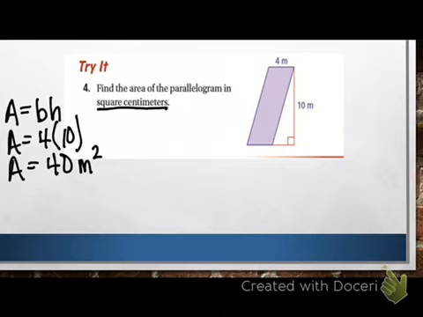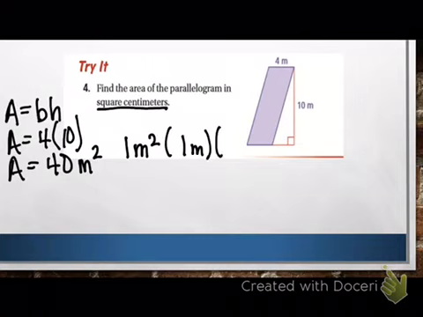And I'm going to use a conversion factor to do that. All right, so let's go ahead and write down what our conversion factor is. I'm going to find what 1 meter squared would be. So I'm going to say 1 meter squared is equal to 1 meter times 1 meter. That's what that means, right?